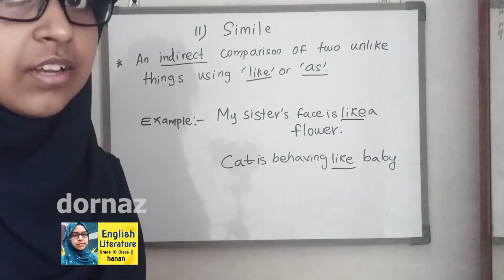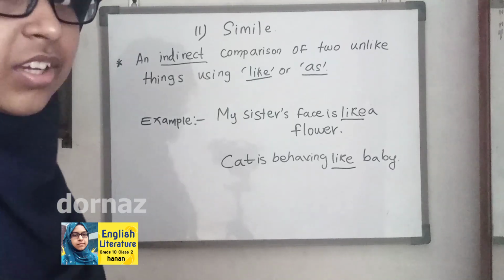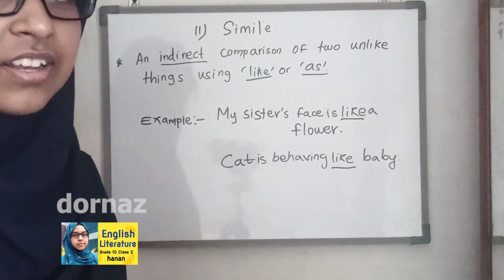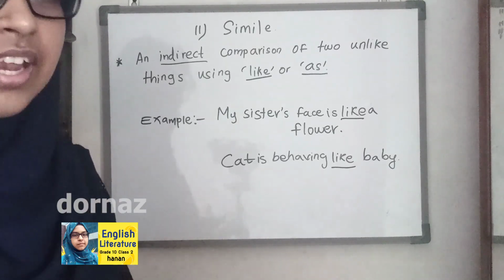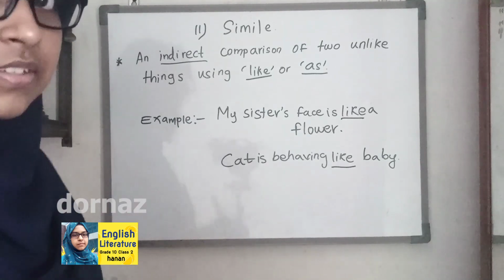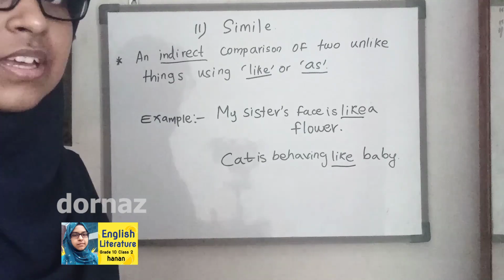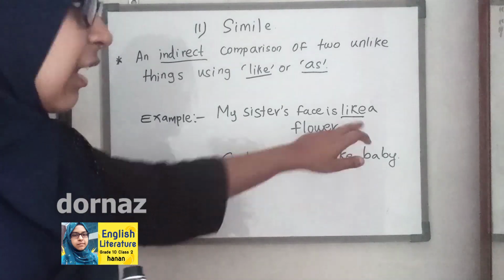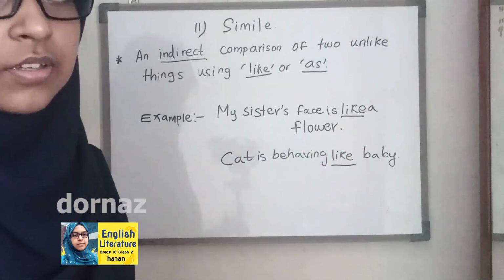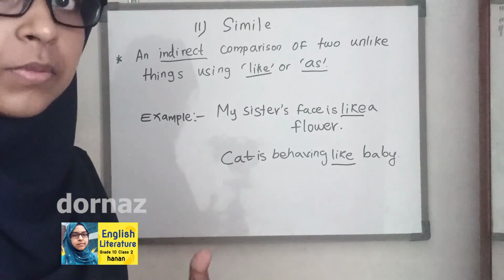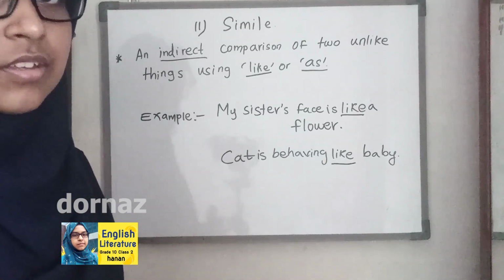Indirectly we are telling that it has happened in another way. It is not a comparison. But metaphor, we told, is direct comparison, which means the word like won't come in metaphor. Directly we are going to match two different things.